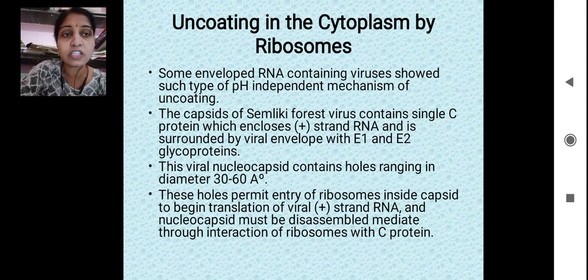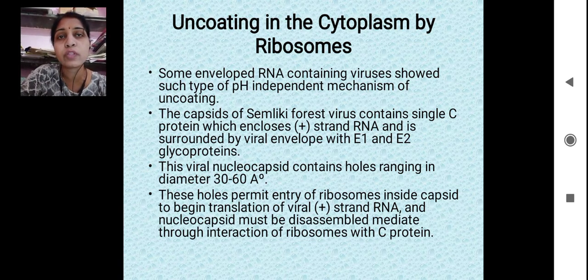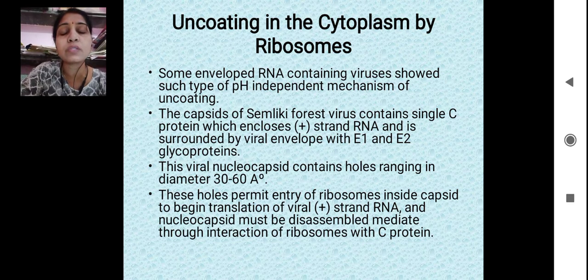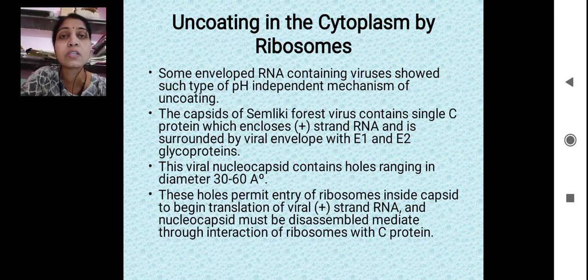Due to the translation process, there is disassembly of the nucleocapsid, mediated through the interaction of ribosomes with the C protein. Whenever ribosomes enter the nucleocapsid, they interact with the C protein, breaking its interaction with the nucleocapsid, and there is disassembly of the nucleocapsid due to the presence of these ribosomes.